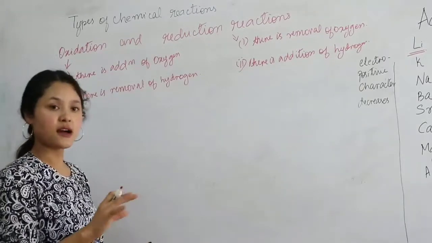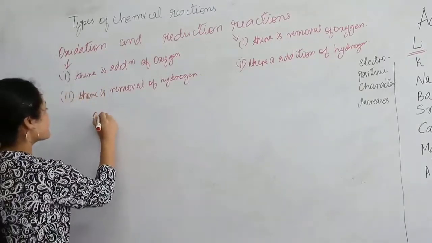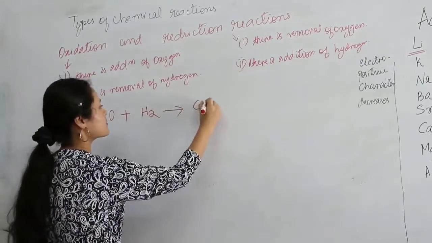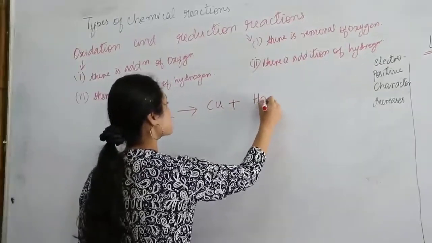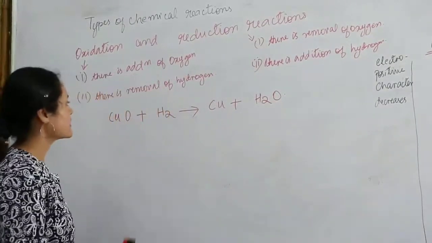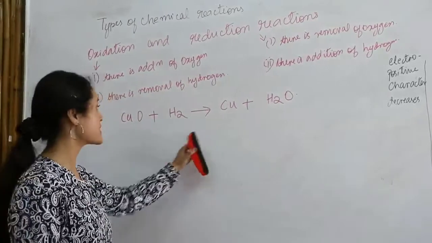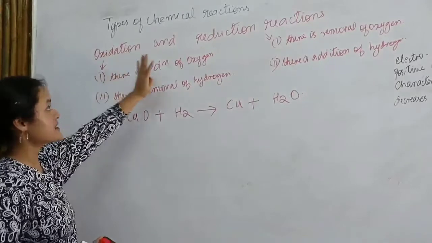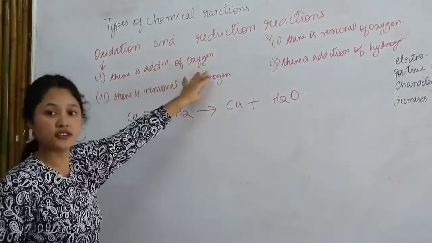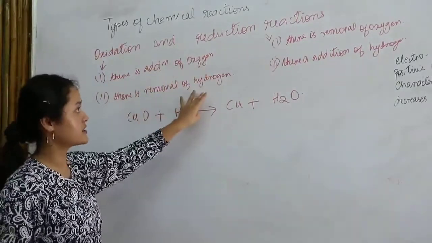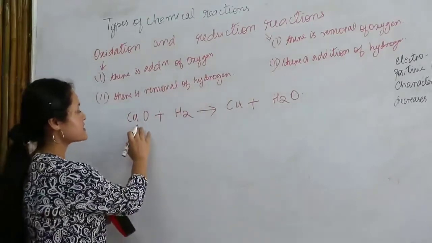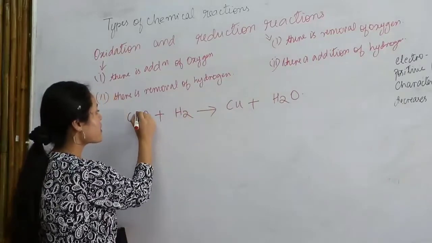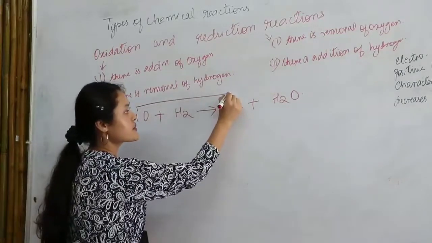I'll give you examples so that you understand. If copper oxide is led to react with hydrogen, this equation is already balanced. Oxidation is a reaction when there is addition of oxygen and removal of hydrogen. This copper oxide reduces to copper. That means from copper oxide, oxygen is removed.